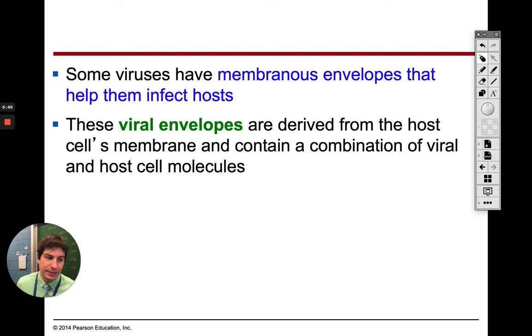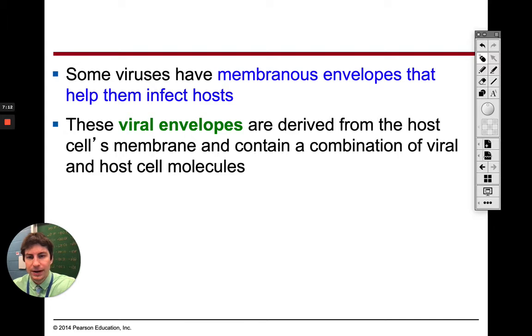If the proteins on the surface of the virus match the proteins on the surface of the host cell that it's trying to infect, that host cell is going to let the virus in. If they get let in, that's really bad for us because that means we get infected by the virus. This is exactly how the coronavirus started.